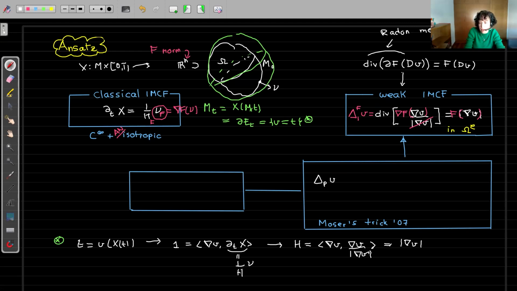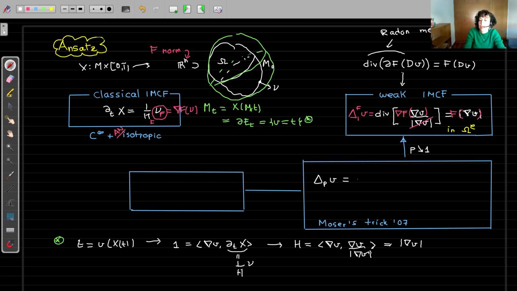I'm going to write everything first in the isotropic setting, because it's easier to grasp the ideas, and then I will modify that. So the idea of Moser is to consider a related p-Laplacian equation, and then take limits as p decreases to 1.